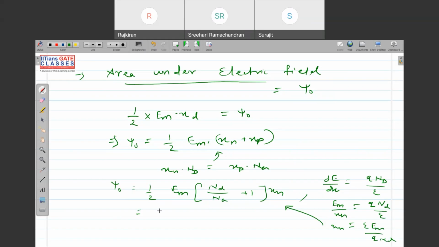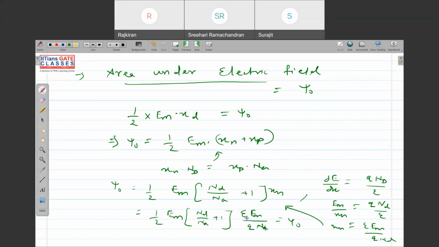You put this one here. psi 0 is equal to half Em into xn, where xn is epsilon Em by q Nd. Clear?